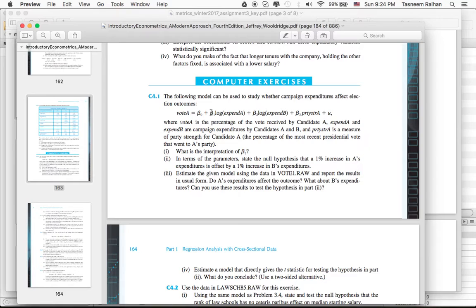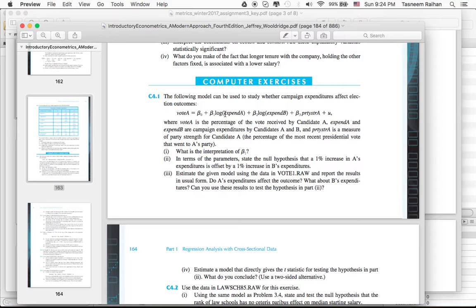We would say that beta 1 divided by 100 is a dollar change in the dependent variable when expenditure A increases by 1%. So the change in the explanatory variable will be in percent. There is no doubt about that.